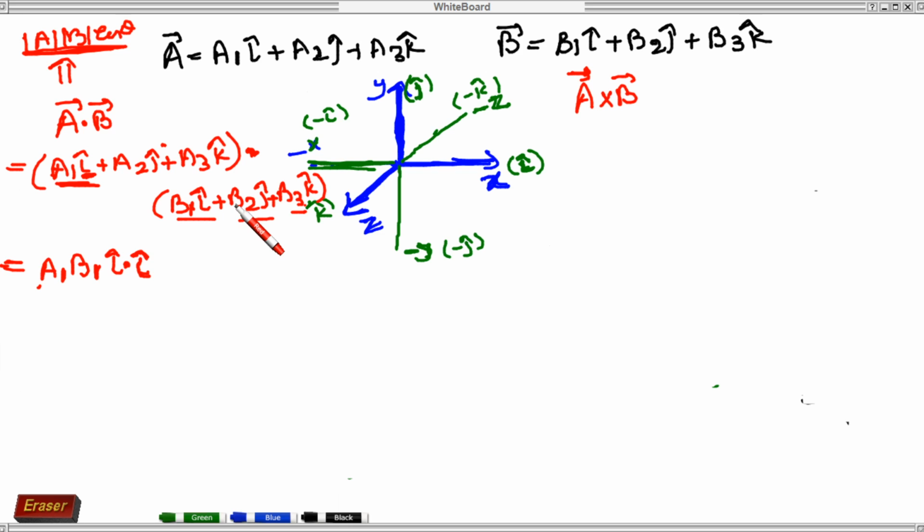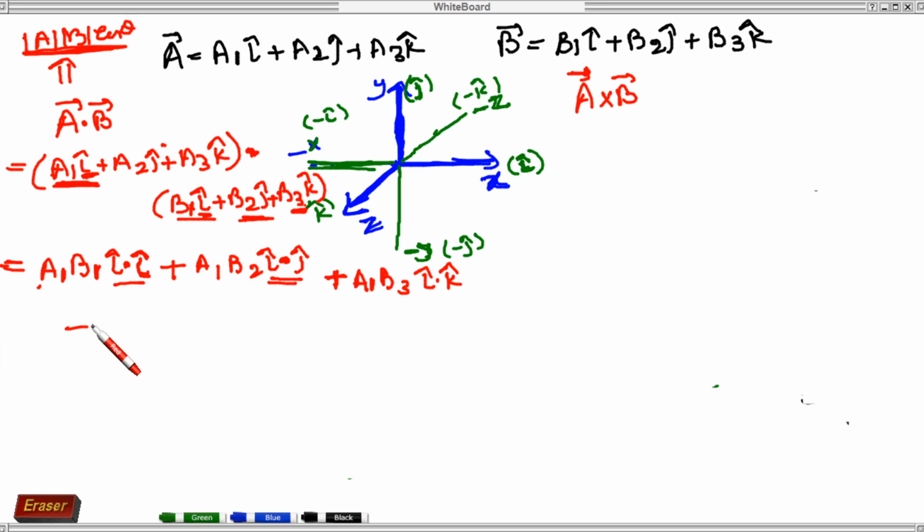Plus, when I multiply this to this, a1 b2 i dot j. When I multiply this to this, it will become a1 b3 i dot k.